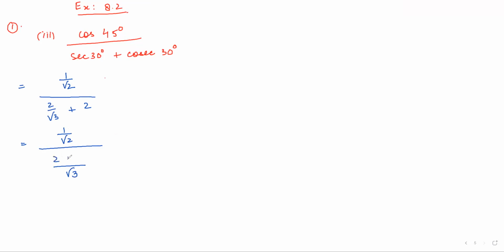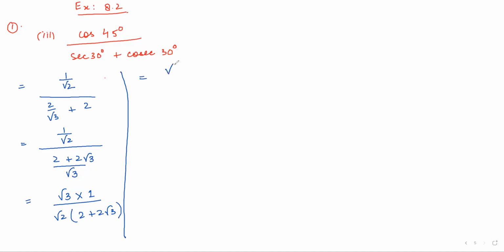So you get 2 plus 2 under root 3, right? Yeah. Now this under root 3 will be multiplied by 1 in the numerator, and this under root 2 will be multiplied with this 2 plus 2 under root 3. Yeah, ma'am. Okay.